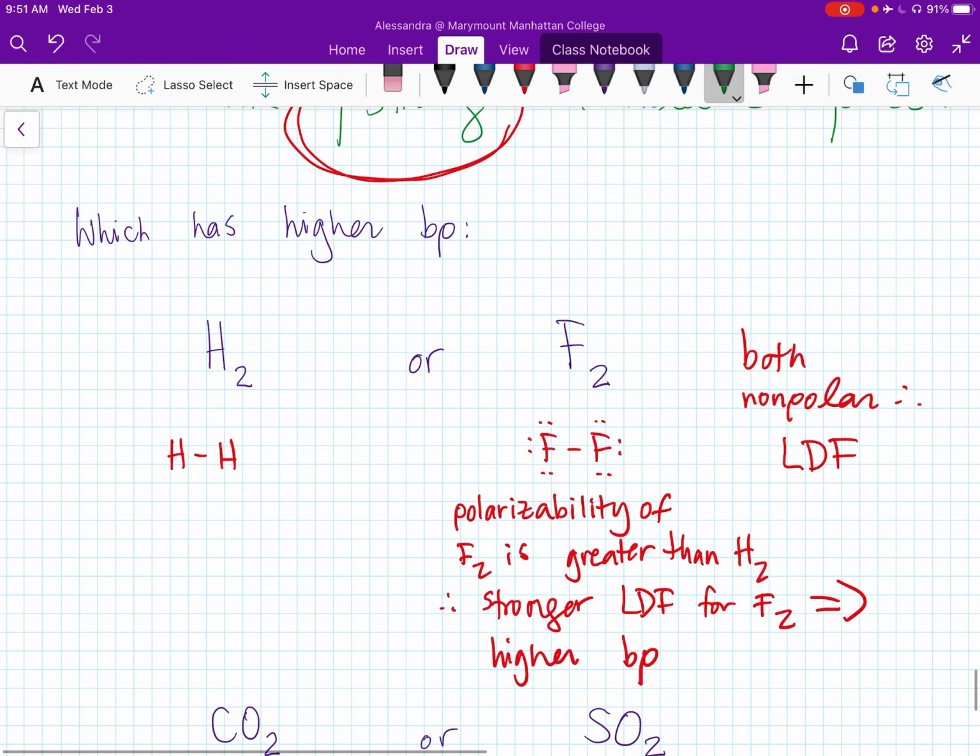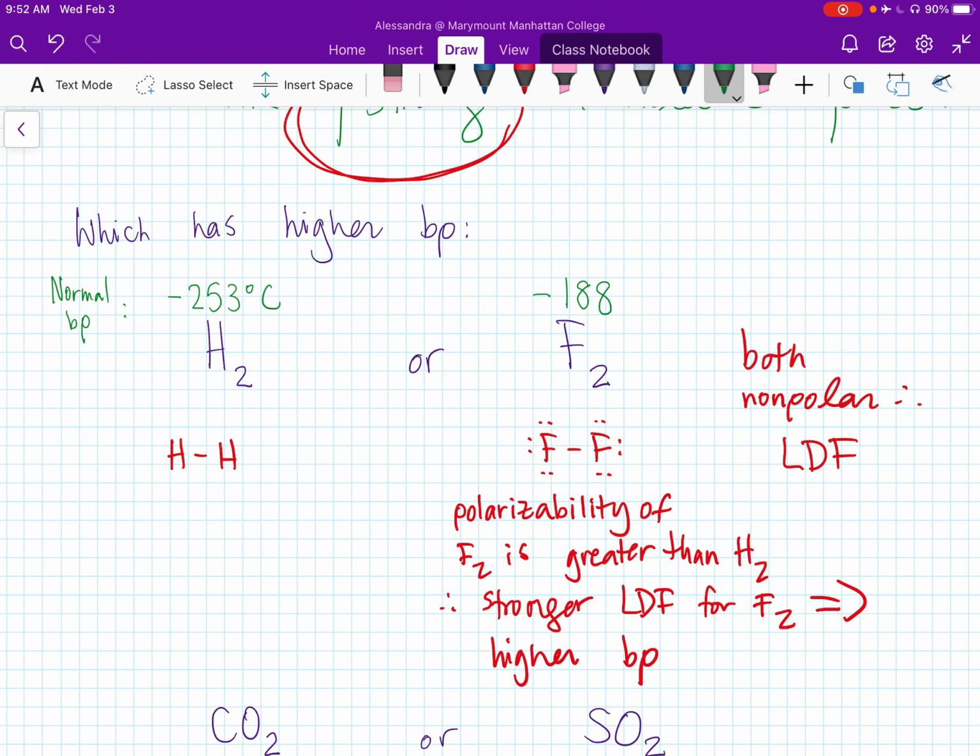I'm going to give you the data. All right, so here are the normal boiling points. If you look them up for these 2 molecules, you can find, hang on a second. Let me try to write that in a coherent way. The normal boiling points for these 2 molecules. So these are the boiling points at 1 atmosphere of pressure. So for hydrogen, it's about minus 253 degrees Celsius. Very negative. Okay, this is one of the lowest boiling things out there, right? And then for fluorine, it's also negative.